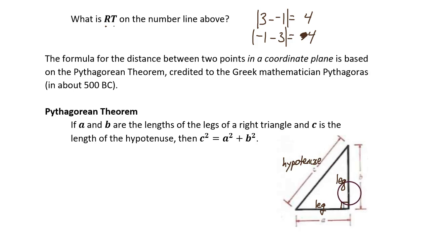To create a theorem using symbols, we use variables to represent those lengths. The 2 legs we use A and B, and for the hypotenuse, we use the letter C. The Pythagorean theorem is the hypotenuse squared is equal to the sum of the squares of the legs.